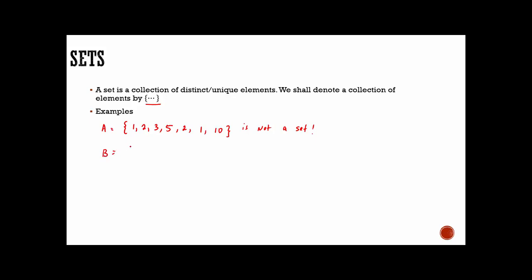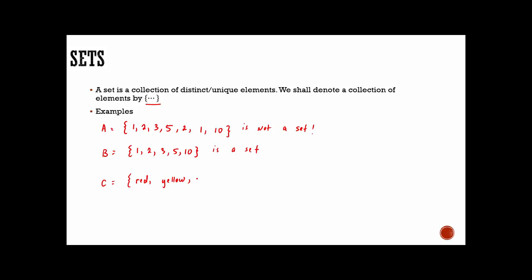Another example. This is 1, 2, 3, 5, 10. In this case, we do have a set because each element inside the parenthesis is different. Okay, so this is a set. A set also can be stated in terms of terms, like for instance, colors.